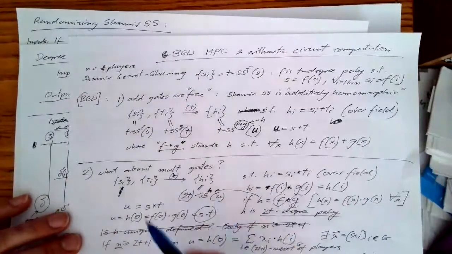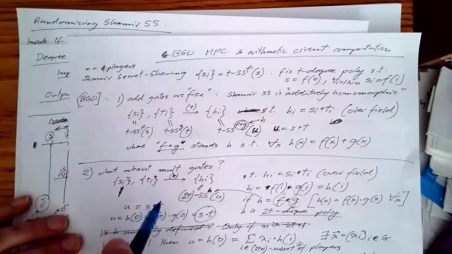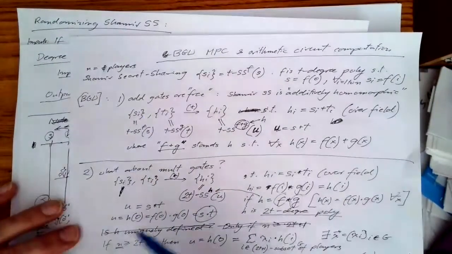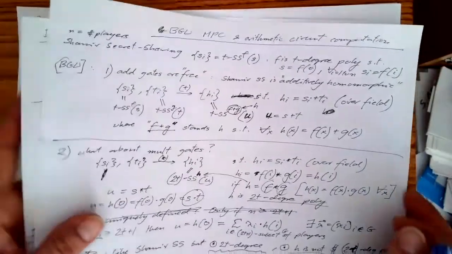And so now you iterate over the circuit, you perform each add gate this way, each multiplication gate this way, you go from shares of inputs to shares of outputs. Finally, you have shares of all the output wires, and you reconstruct them. So that's BGW.